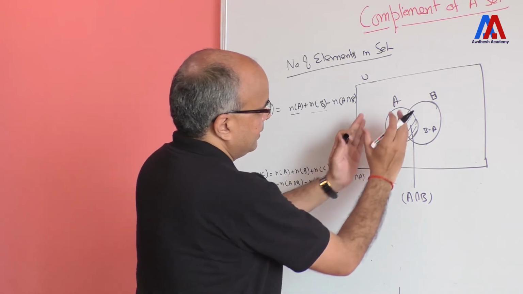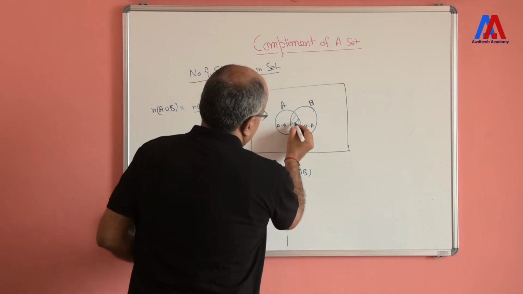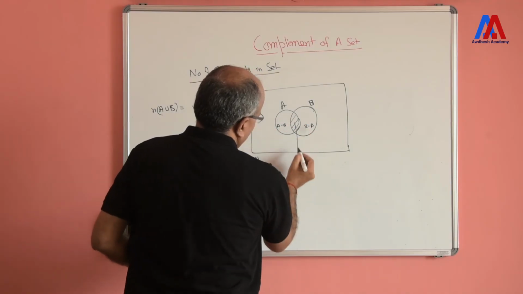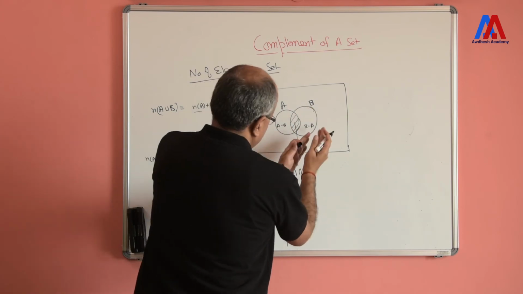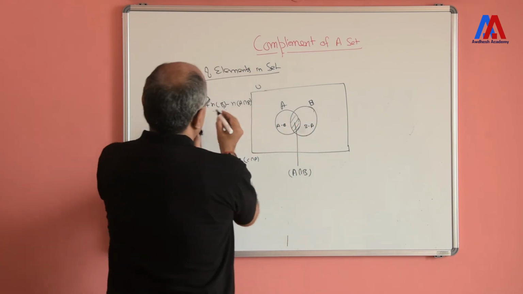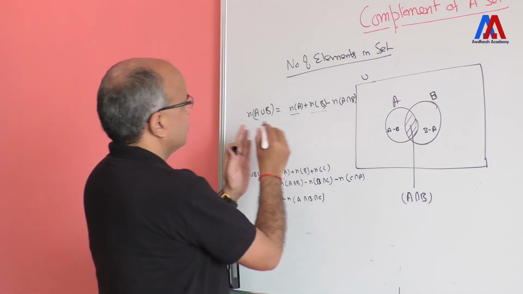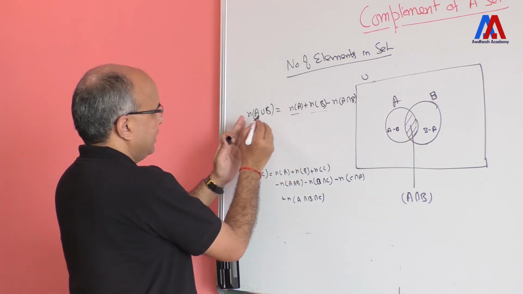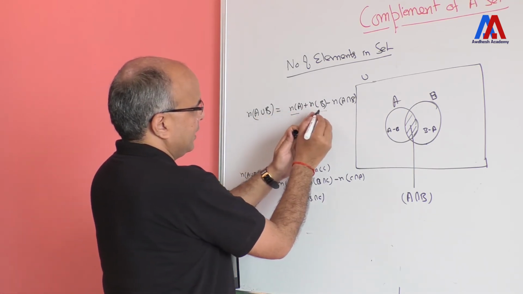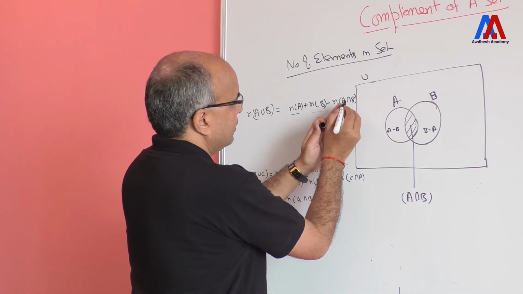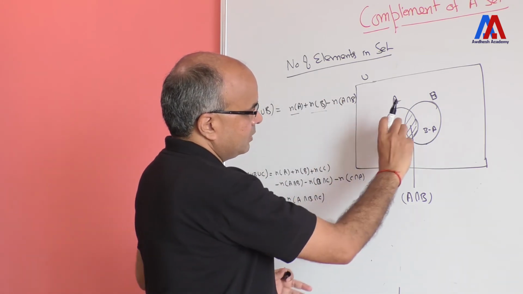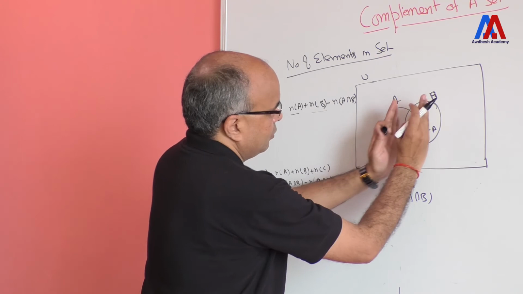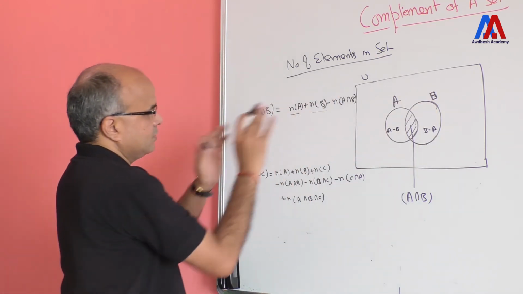But what we find here is that the elements common between the two have been added twice, and therefore we have to subtract them once. So that is how the formula comes: n(A union B) is equal to n(A) plus n(B) minus n(A intersection B), because this area has been added twice, and therefore this is the formula.